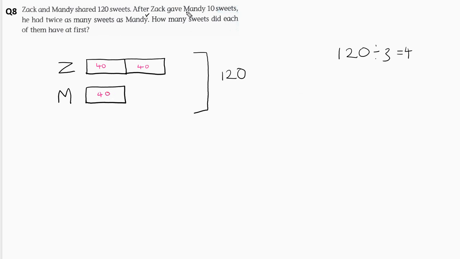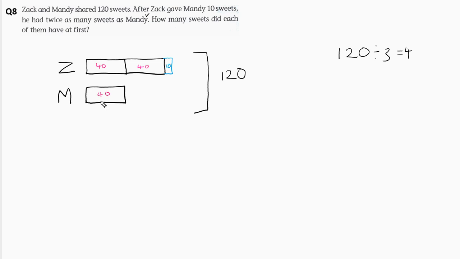But what we also know is that this situation only arose after Zack gave Mandy 10 sweets. So at some point, Zack had this extra block here of 10, and he has given those to Mandy.